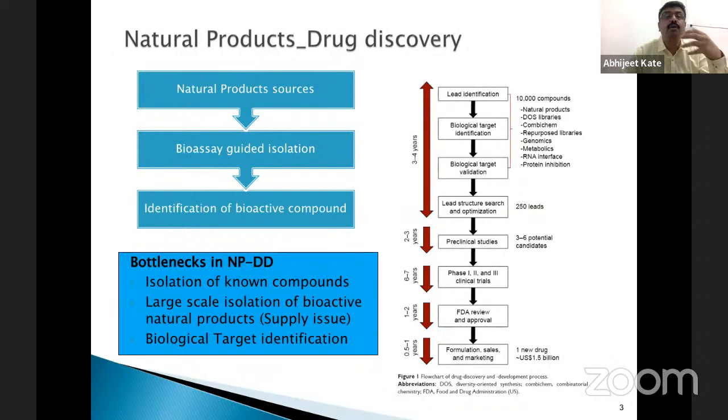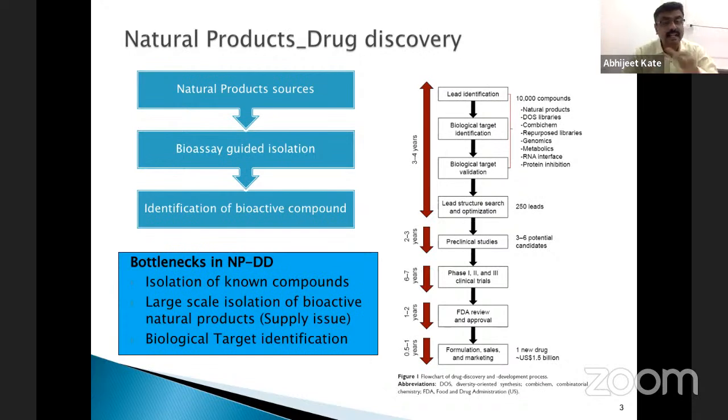Generally, people follow bioassay guided isolation. The strategy is, if we are looking for an anti-cancer molecule, we check at the extract level, at the fraction level itself, whether this extract or fraction has that particular activity or not.